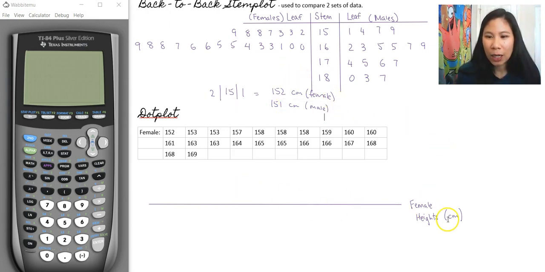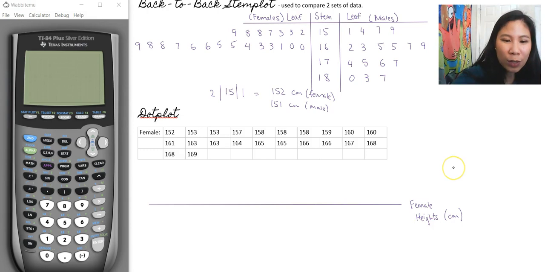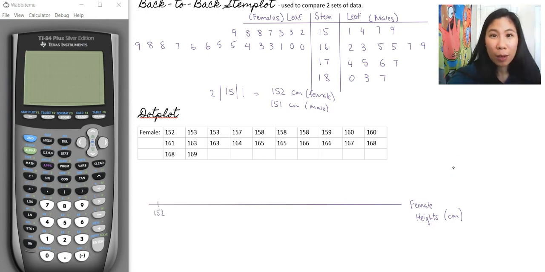Okay, so back to my dot plot, we are labeling our horizontal axis as female heights, and our smallest number is 152, so that's where I'm going to start. But then, in a dot plot, your increments on the x-axis, you always have to go by the same amount every time.